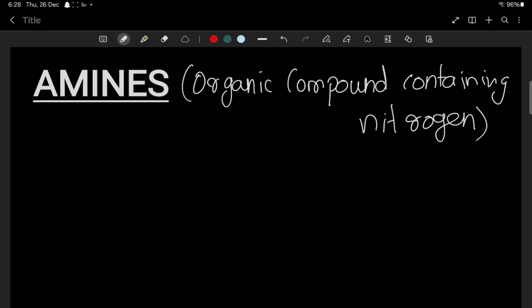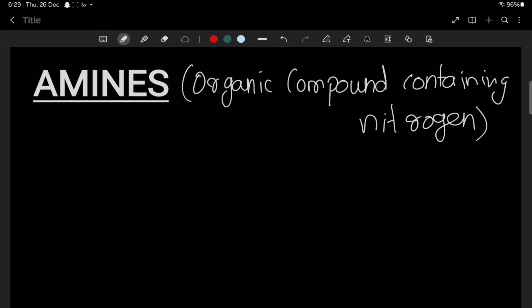Look, in the syllabus of JEE Mains, it is given general methods of preparation, properties, reaction and uses. And in amines specifically, we should learn the nomenclature of amines.